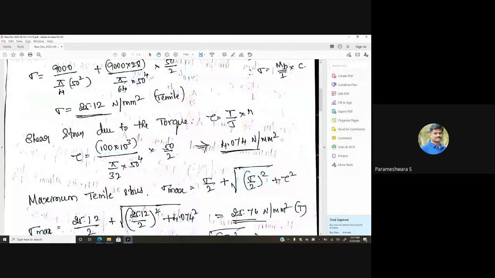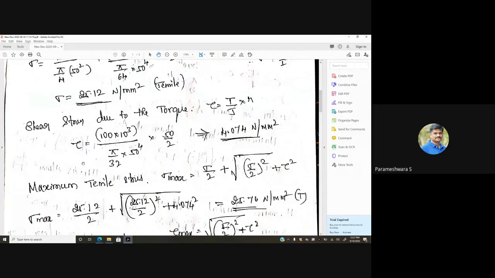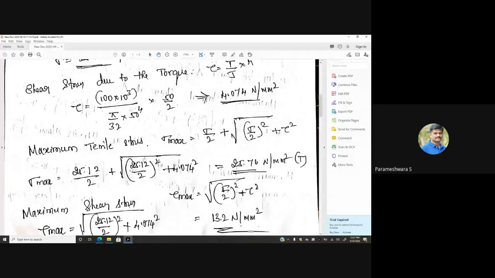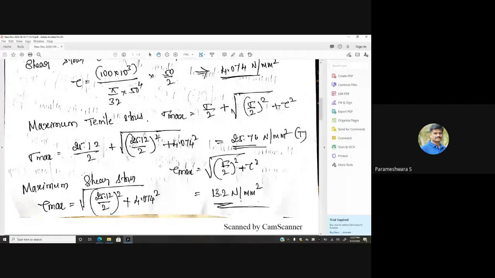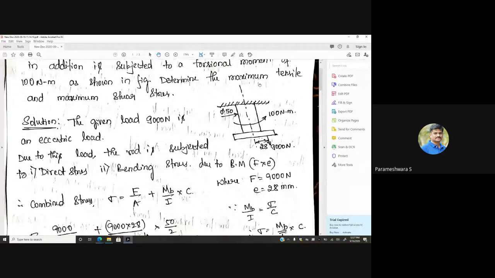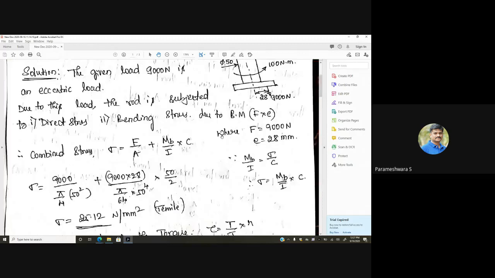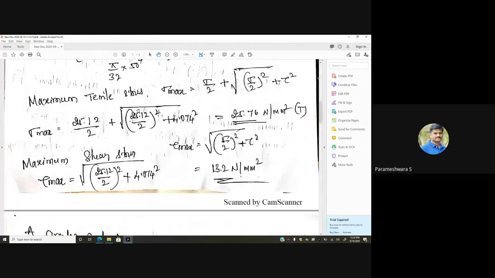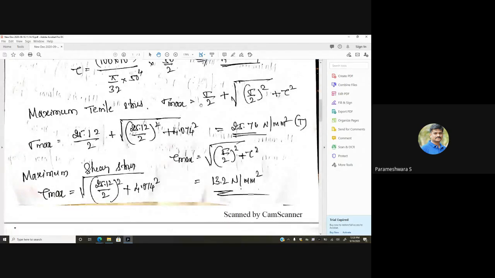Soon after determining this shear stress, you have to find out the maximum tensile stress, the minimum tensile stress, and also the shear stress. In the problem, what is being asked? It is being asked to determine the maximum. They have not asked to calculate the minimum. So we'll just find out the maximum tensile and maximum shear stress. Look at this, the same formula we used for the previous problem.